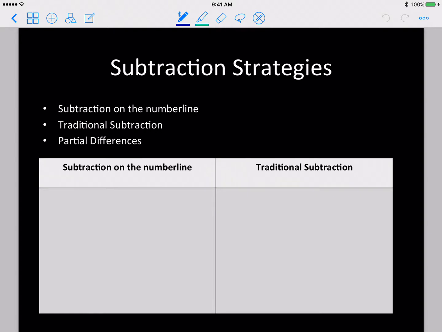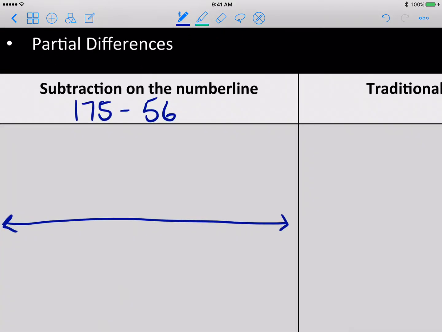Subtraction on the number line: my number again is 175 minus 56. Since we're starting out with subtracting, we're going to be getting smaller. Since our bigger numbers start to the right, we're going to put 175 right here.